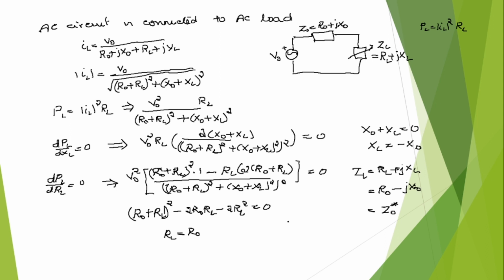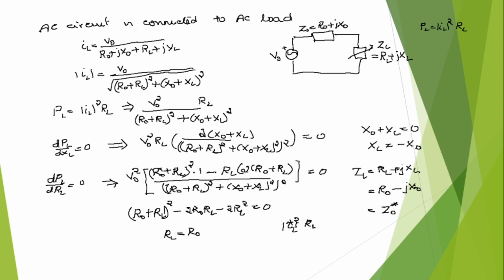Now the power transfer: magnitude of IL square into RL. If I substitute the condition RL equal to R naught and XL equal to minus X naught, these two terms get cancelled.